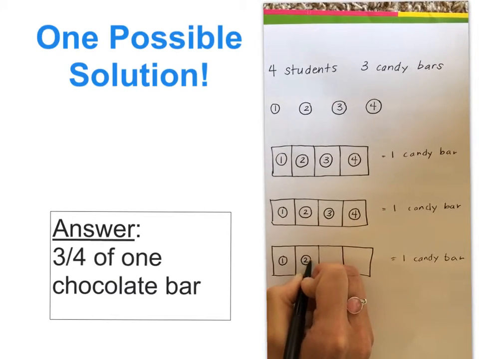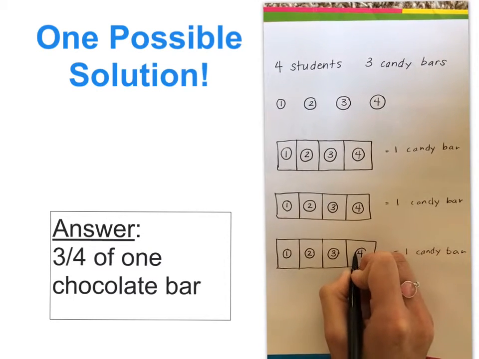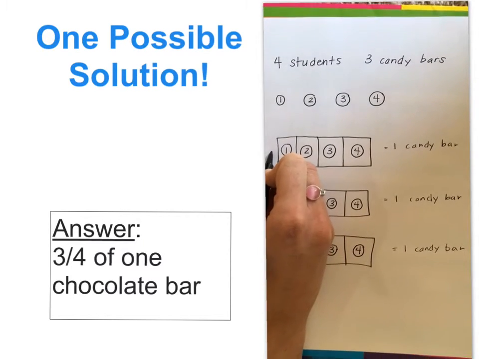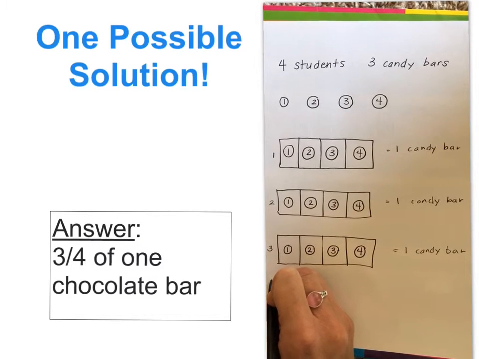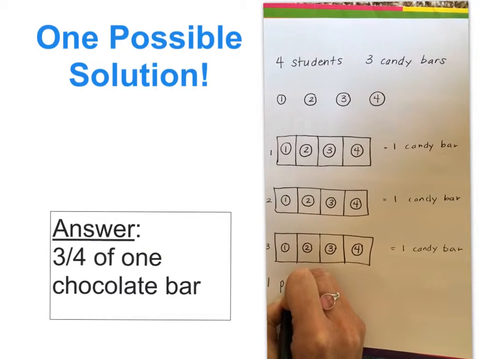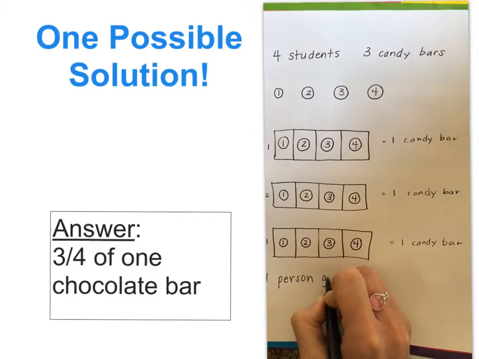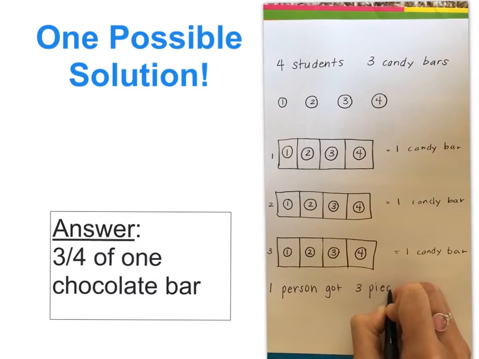After labeling each student's pieces, I am going to count up the total amount of pieces each student will receive. Each student will receive 3 pieces, each the size 1/4, or 3/4 of one whole chocolate bar.